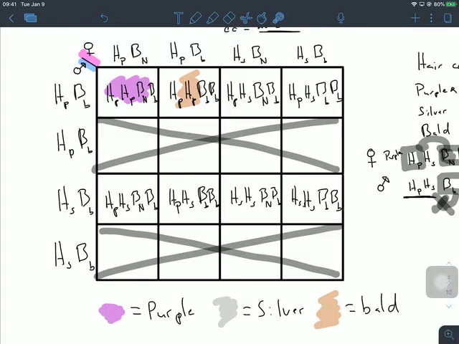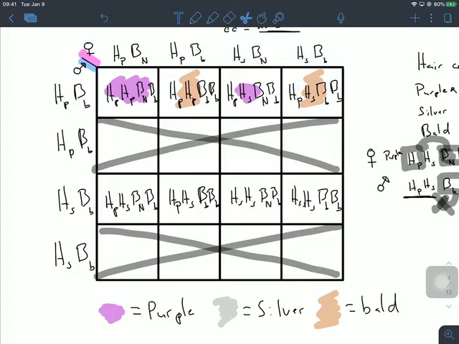For our next individual, we've got a not bald and a bald, so let's check what their hair colors are. A purple and a silver. This individual would therefore be purple. Next individual, two balds, who cares what's elsewhere? We are bald.